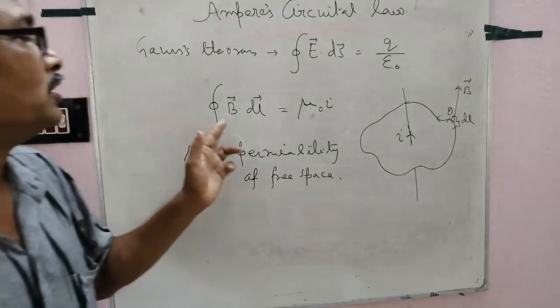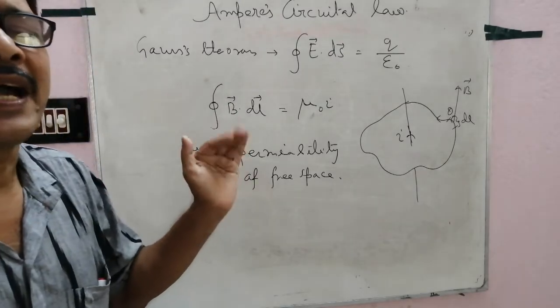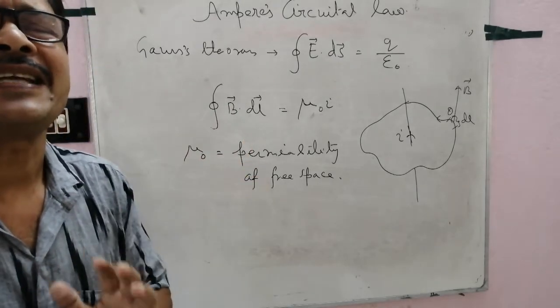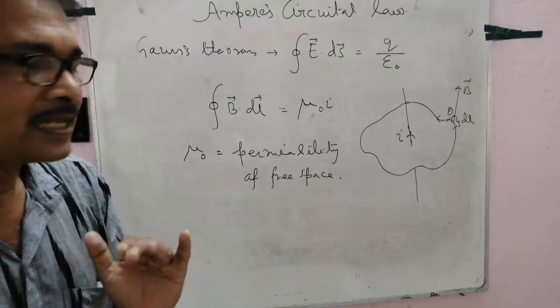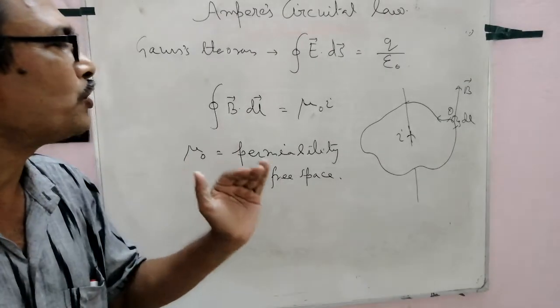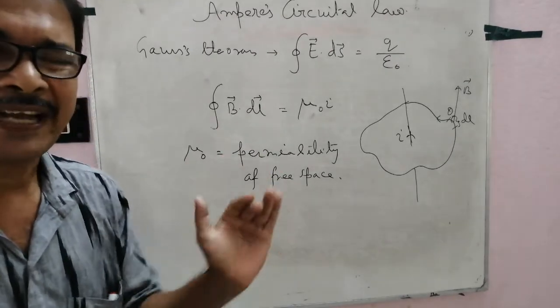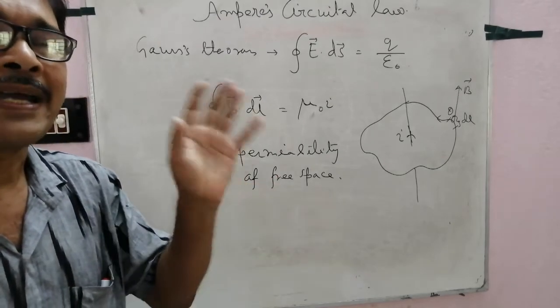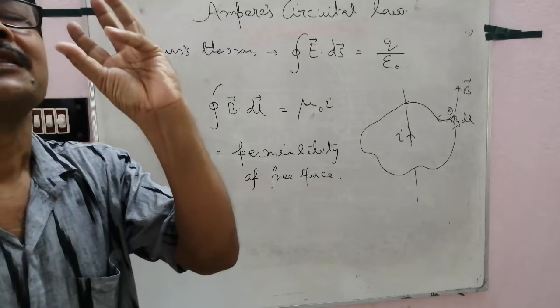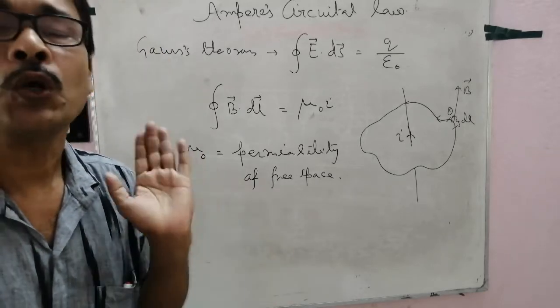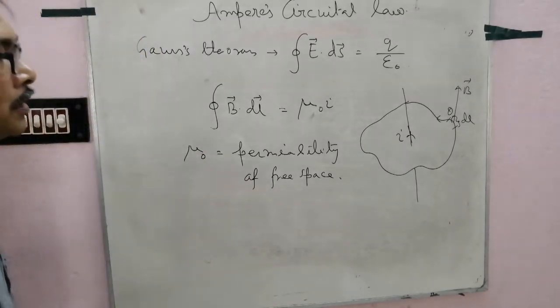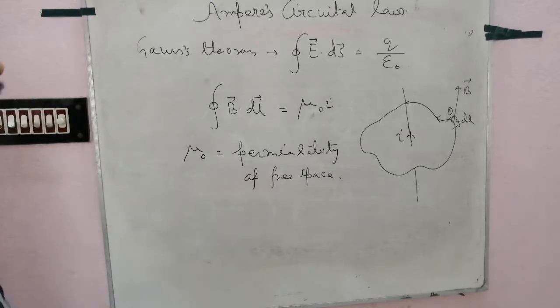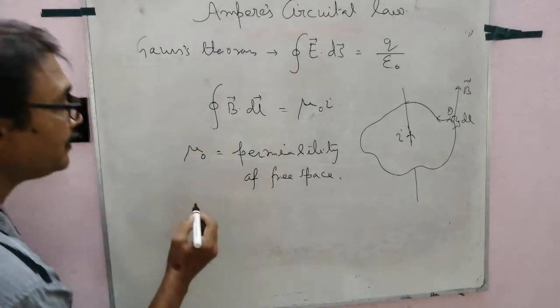So in free space, the line integral of the magnetic field induction is mu 0 times the current enclosed by that loop or closed path.